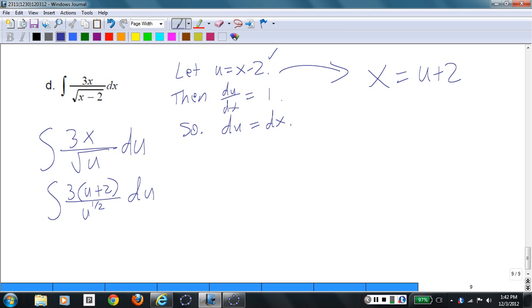Now we are left with this expression. It could be a little tricky to come up with the antiderivative. Actually, I want to distribute the 3 across the parentheses and write 3u plus 6 over u to the 1/2.